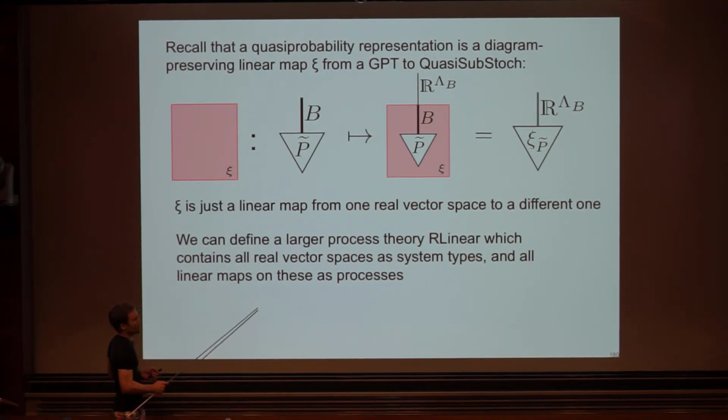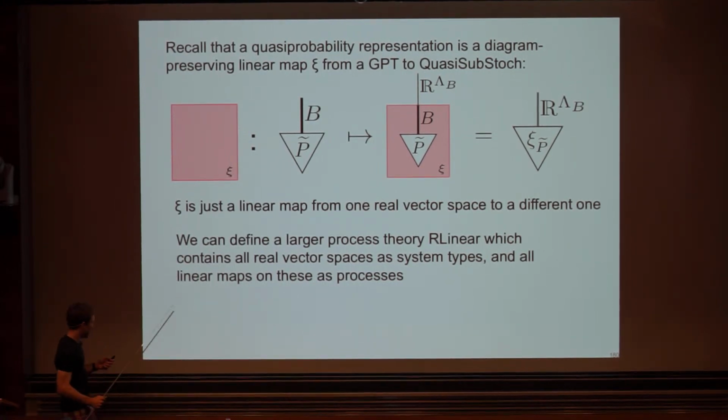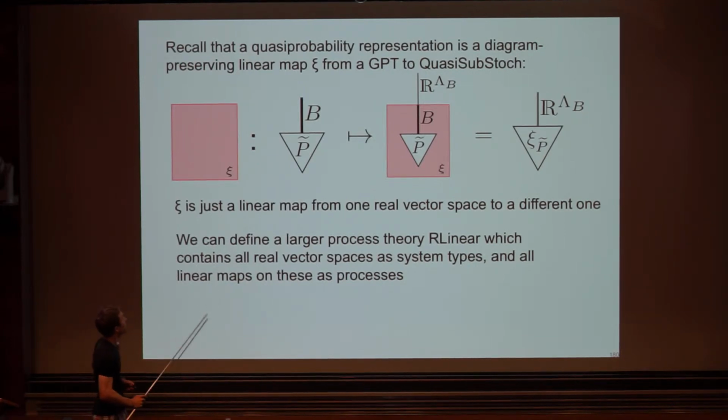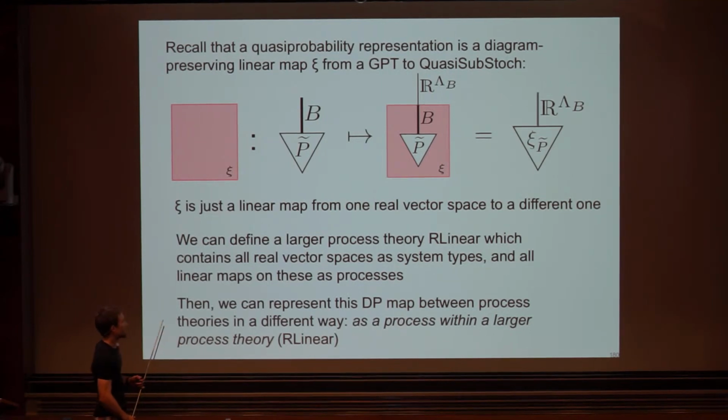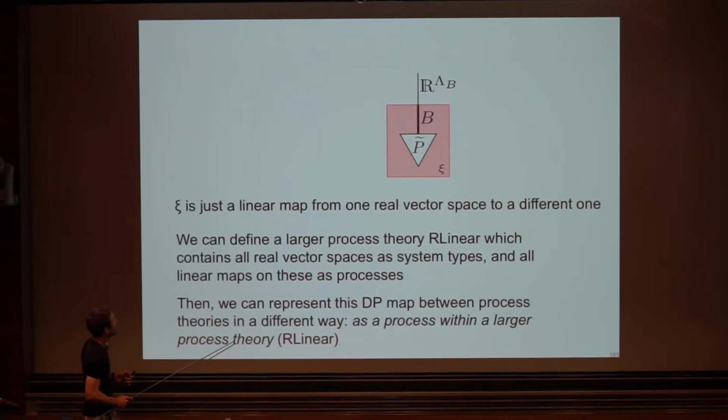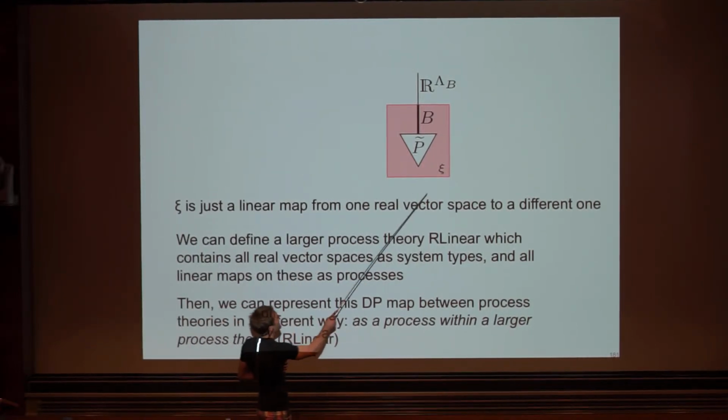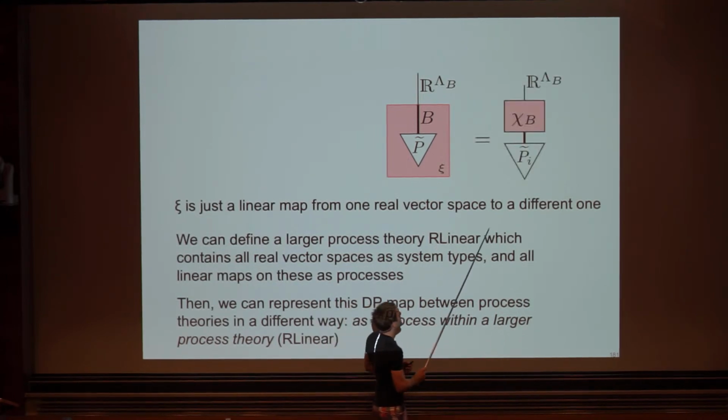The processes are just linear maps on these vector spaces. The advantage of this approach is that now, instead of representing this as a diagram-preserving map between these two different process theories, we can view it just as a single linear map within this larger process theory, R linear. So let me redraw this diagram as follows.